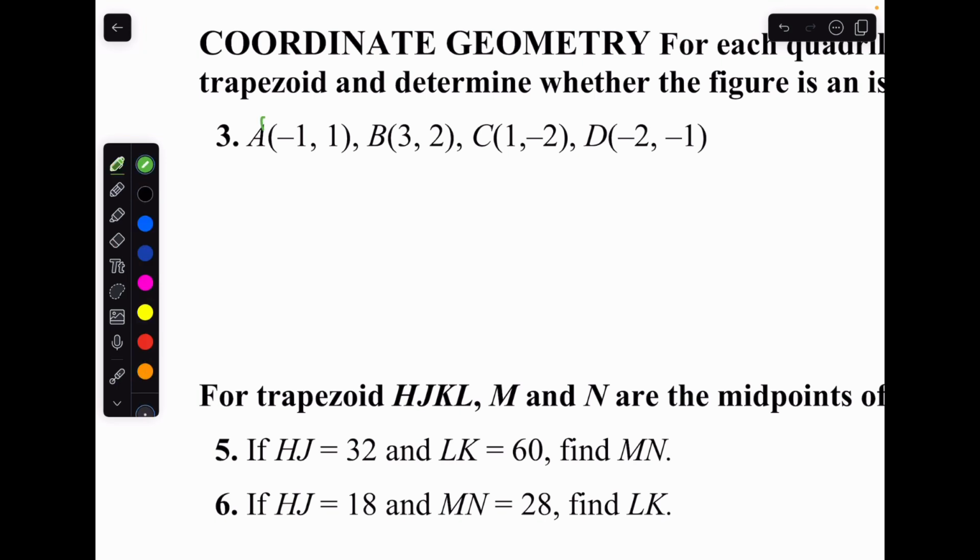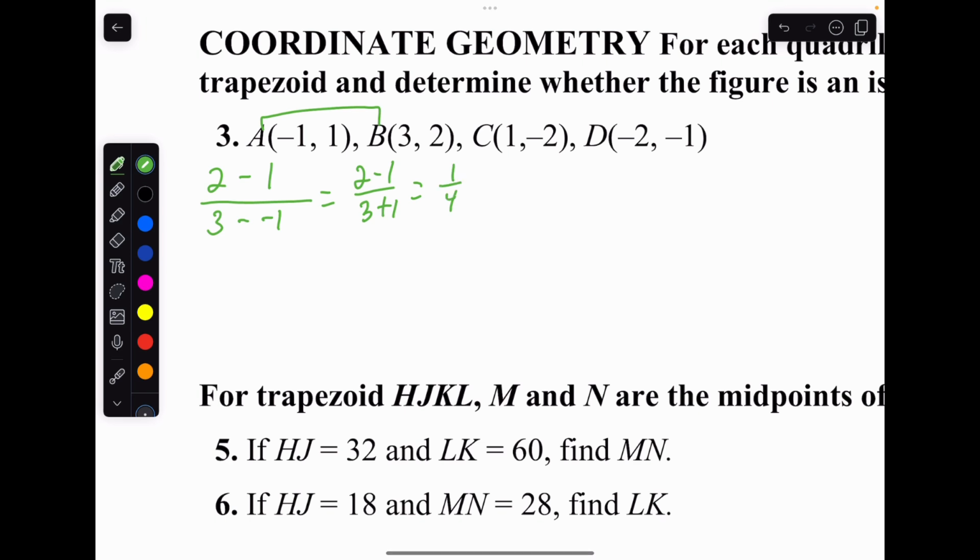So to begin, I need to check this line from A to B. From A to B, I'm going to find the slope. So I'm going to do y2 minus y1 over x2 minus x1. So this is a 2 minus 1 and a 3 plus 1. This is a 1 over 4.